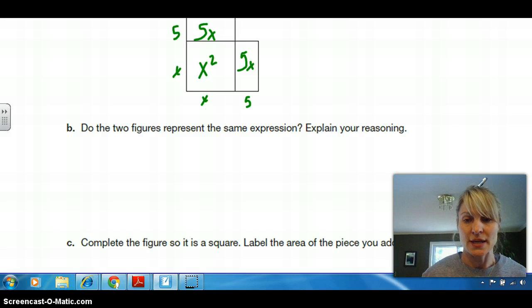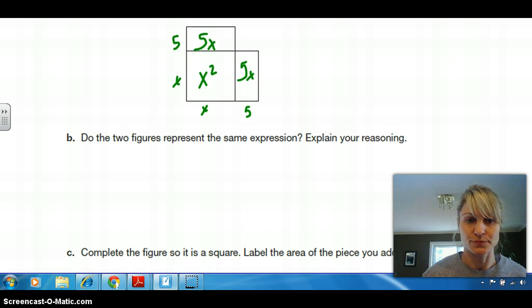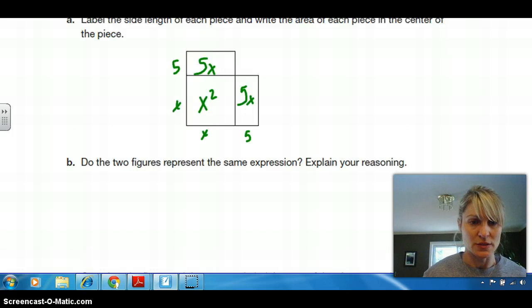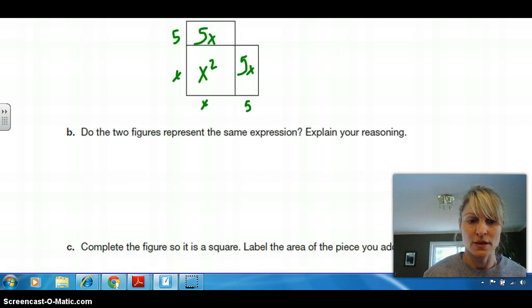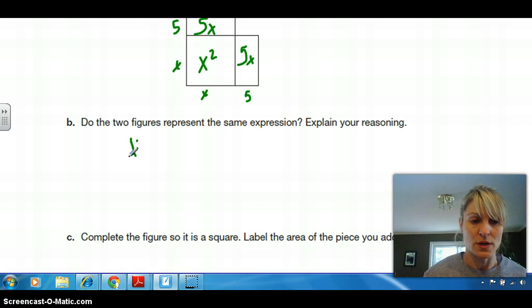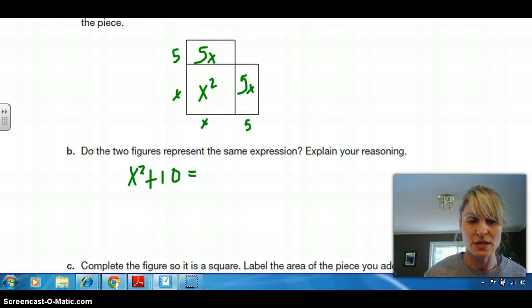So now it says, do the two figures represent the same expression? Well, up here, our expression was x squared plus 10x. Okay, so we had x squared plus 10x. Now it should equal this as well because it's the same figure.